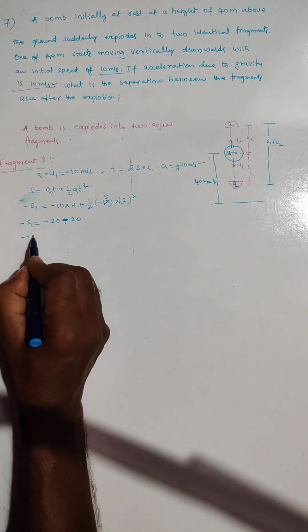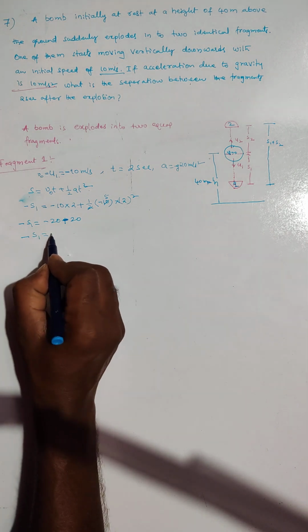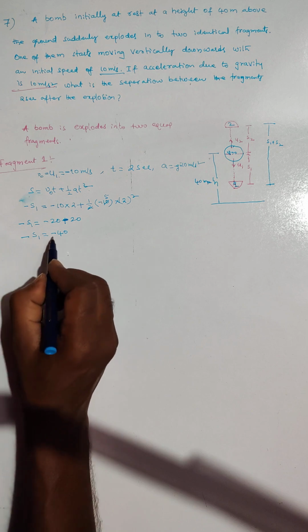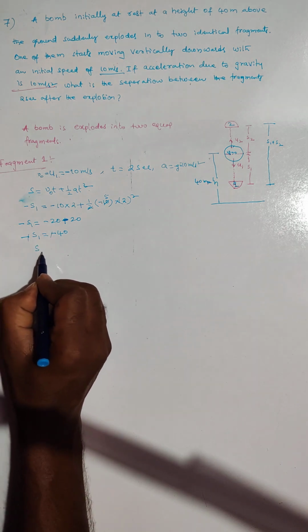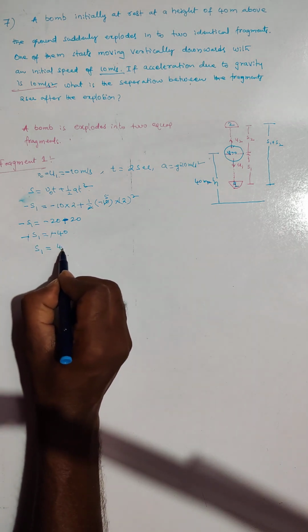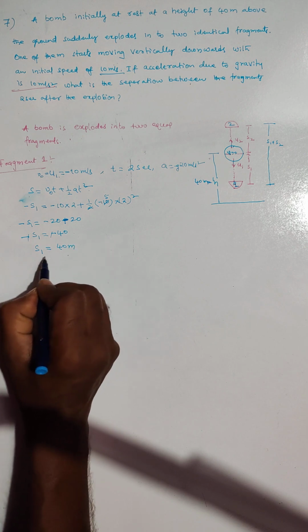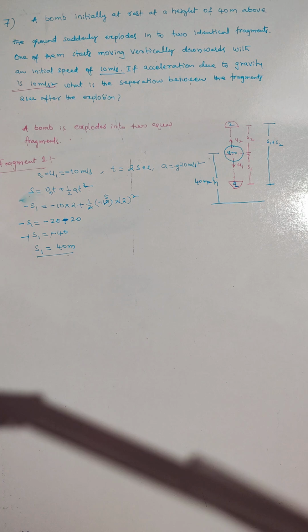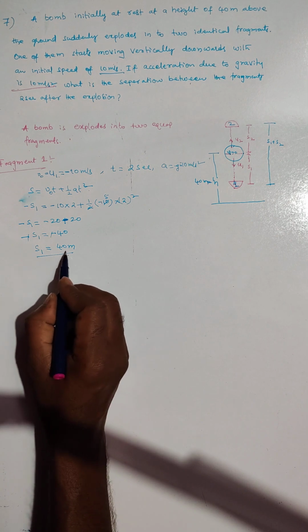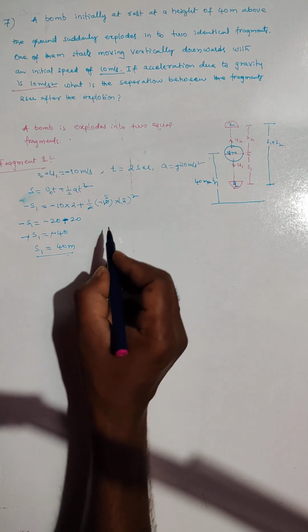So minus S1 is equal to minus 40, the minuses cancel, so S1 is equal to 40 meters. After the explosion, fragment 1's displacement in 2 seconds is 40 meters.